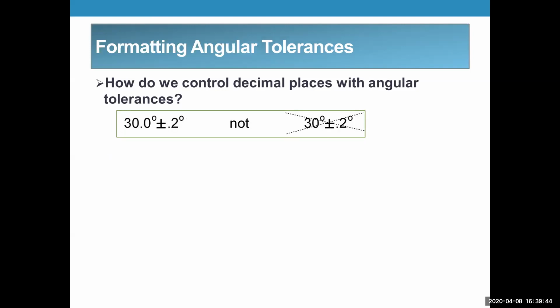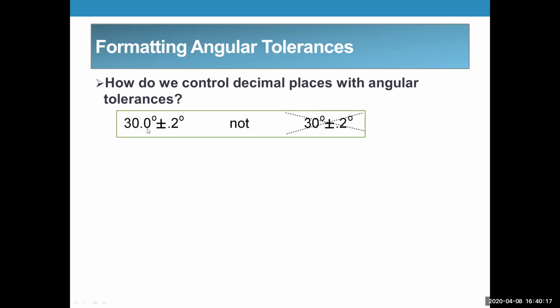For angular dimensions and their tolerances, if there is a tolerance on an angular dimension, whatever the decimal place of the tolerance is, that's what decimal place we should show in the basic angular dimension. So even though it's an even number, and normally if there was no tolerance on this, it would just be 30 degrees.